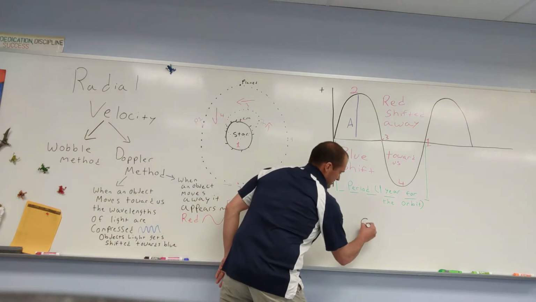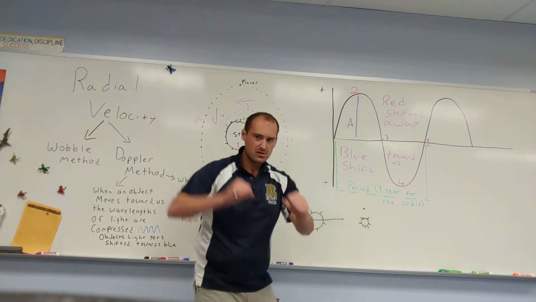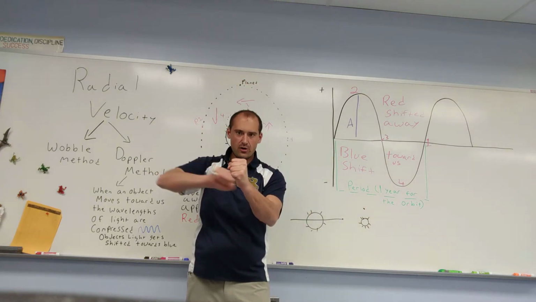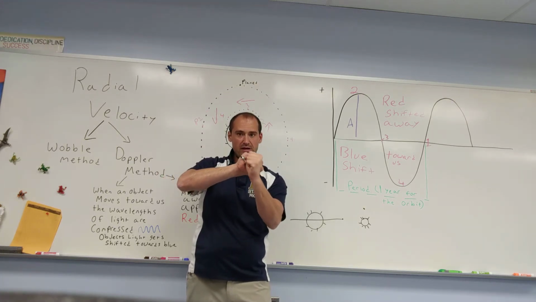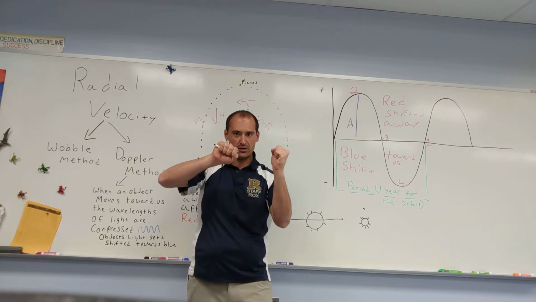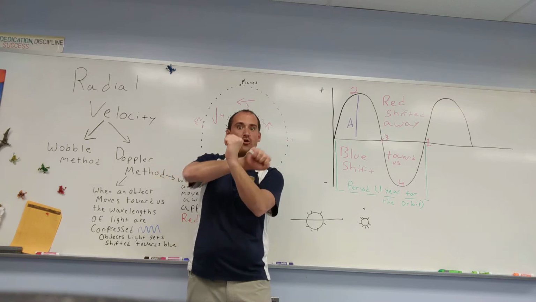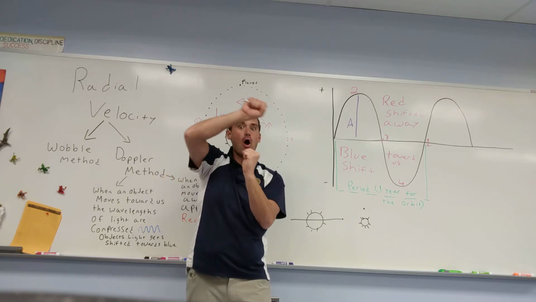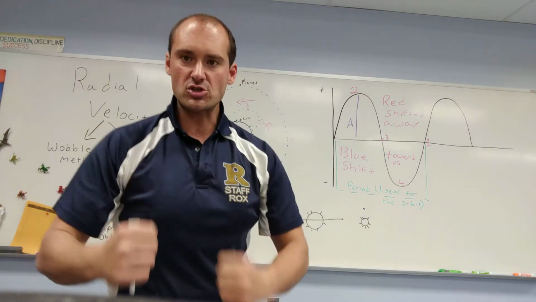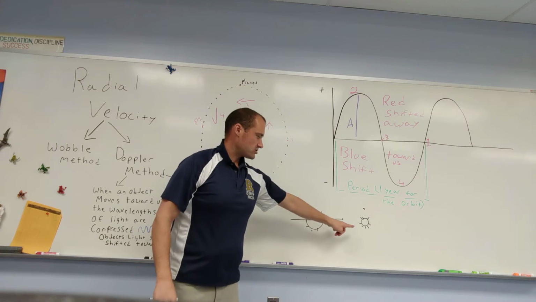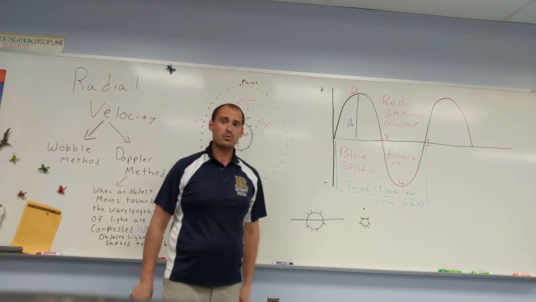But if the system is oriented like this, where the planet's going around like this, my star's wobbling up, it's wobbling down, it's wobbling right, and it's wobbling left. It's never wobbling at the phone. The phone would never detect a red shift or blue shift because it never moves in that direction towards the phone. So using this method, you look at a system oriented like this, you say there's no planets there.